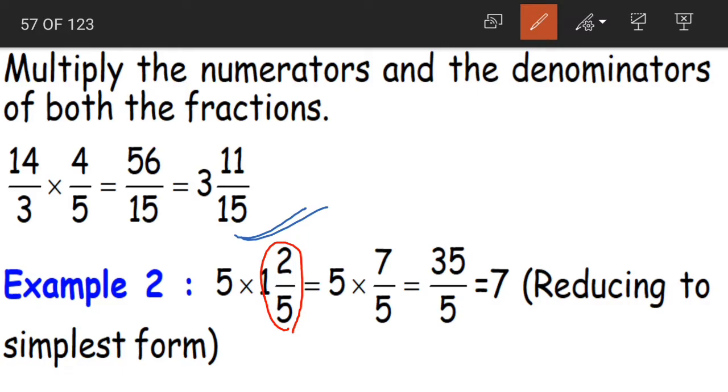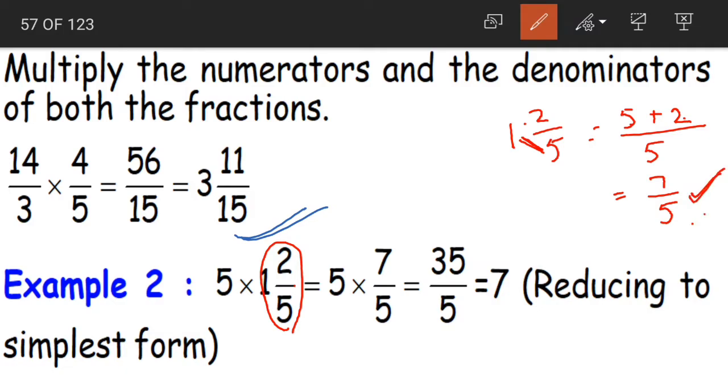Convert this mixed fraction into an improper fraction. 1 2 by 5 is equal to 5 1s are 5 plus 2, that is the numerator, divided by 5, that will be the denominator. 5 plus 2, 7 divided by 5. So 7 by 5 here is our improper fraction that we have got after converting our mixed fraction 1 2 by 5.